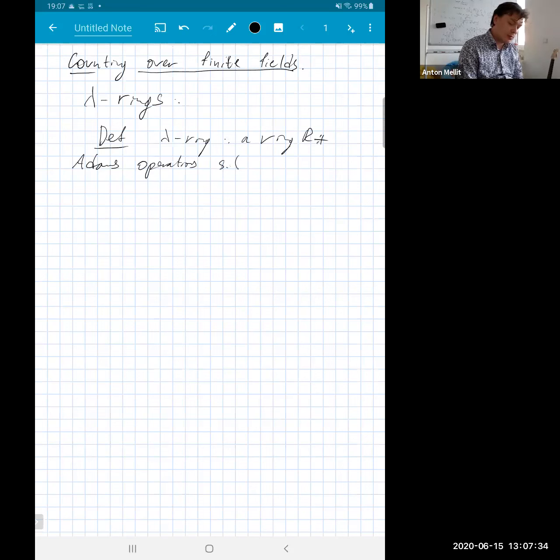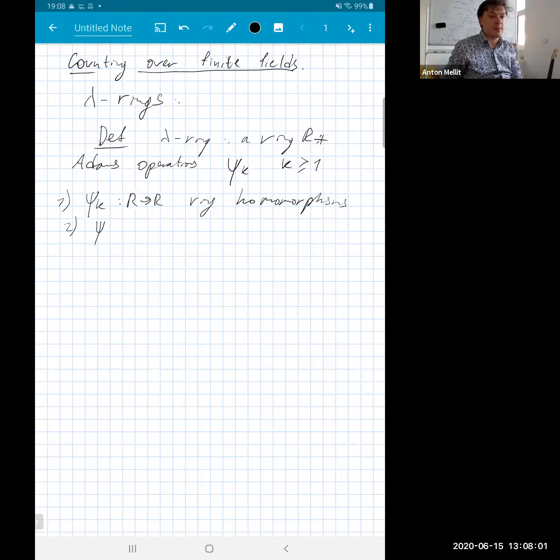such that these Adams operations are psi k, where k is an integer, and they satisfy: they are ring homomorphisms, and second, they form an action of the monoid of integers with respect to multiplication.